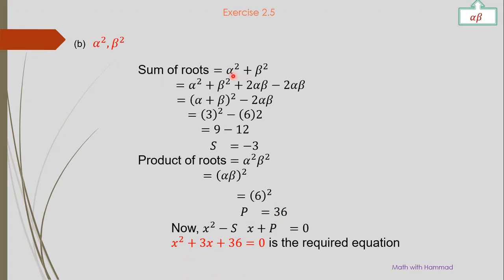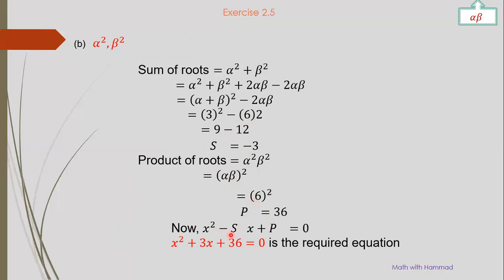Alpha square plus beta square can be written as alpha plus beta whole square minus 2 alpha beta. What is the value of alpha plus beta? That is 3. 3 whole square minus 6 into 2. 6 into 2 is 12. 9 minus 12 is minus 3. And product of the roots means alpha square into beta square, that can be written as alpha beta whole square. And what is the value of alpha beta? That is 6. 6 square. So P is 36.